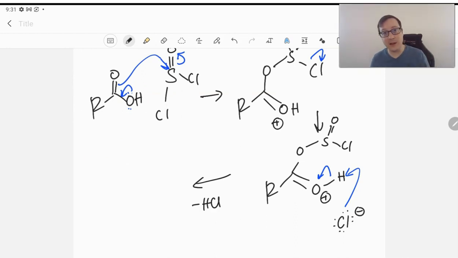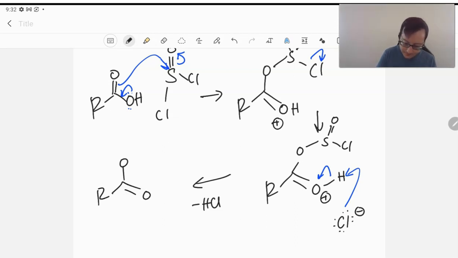That HCl is going to get abstracted by the pyridine. Remember that pyridine has a special affinity for HCl in that it will precipitate it out of solution so that we don't have to deal with it anymore. Because we know that chlorine can be nucleophilic, we don't want to mess with that anymore. So we're left now with the following molecule.